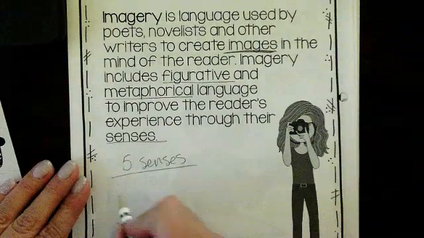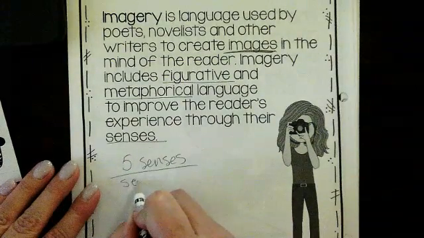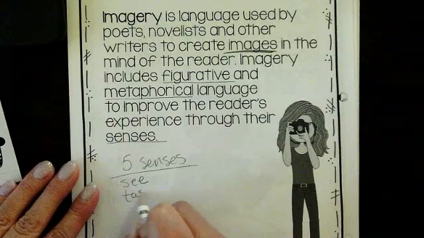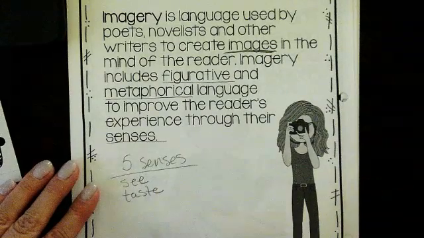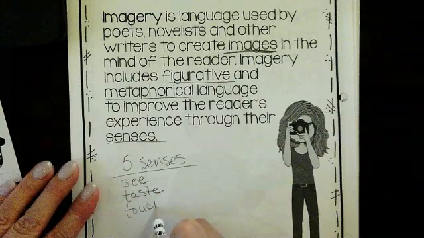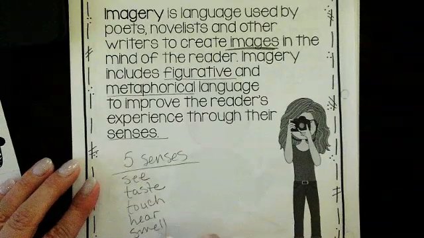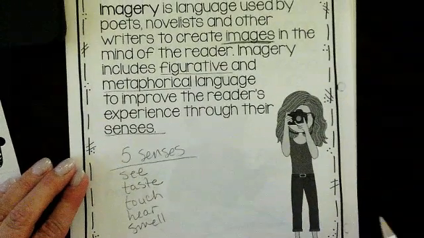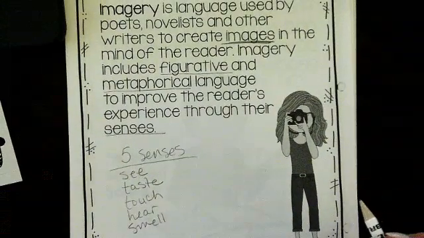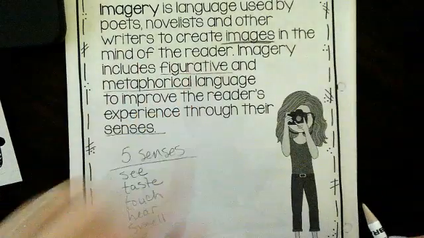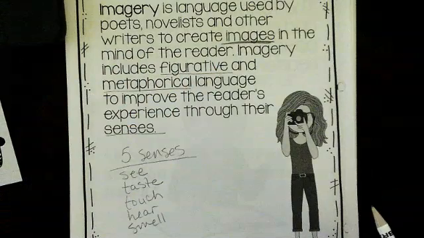Your 5 senses are see it, taste it, touch, hear, and smell. Those are your 5 senses. You can see it with your eyes, taste it with your tongue, touch it with your fingers, hear it with your ears, or smell it with your nose.